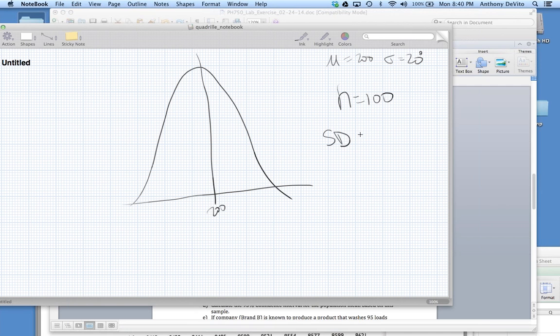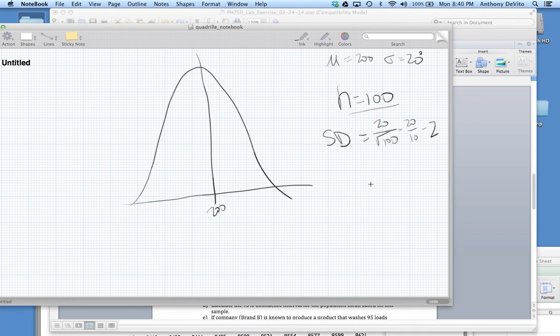What's the standard deviation for the distribution of samples of size 100 instead of size 25? What is that equal to? Okay, it's 20 divided by the square root of 100, which is 10, is equal to 2. Okay, we all agree with that, 2?